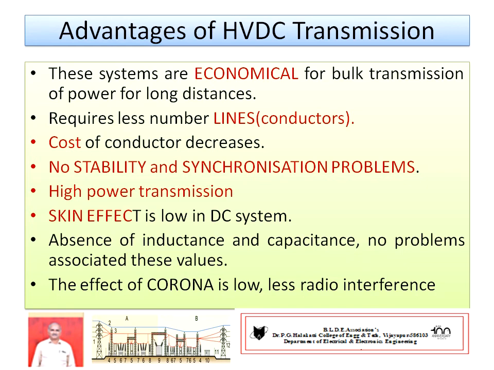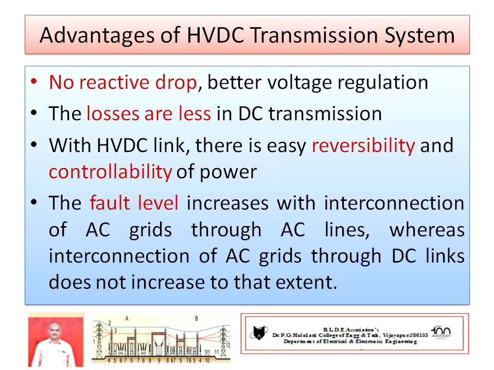Very important, the effect of corona is more in AC lines, but very low in DC lines, and there is less interference with radio and TV networks. No reactive drop. Indirectly it gives better voltage regulation of transmission lines. The losses are also less, so the efficiency of transmission increases.